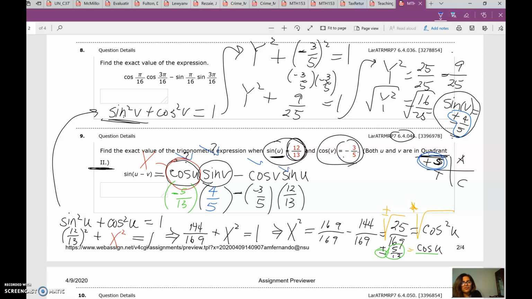You're going to be given 2 of them, and to get the other 2, you're going to use the Pythagorean identity. So when we put this together, we're going to get negative 20 over 65, which is 5 times 13, plus 36. So that should give us 16 over 65.